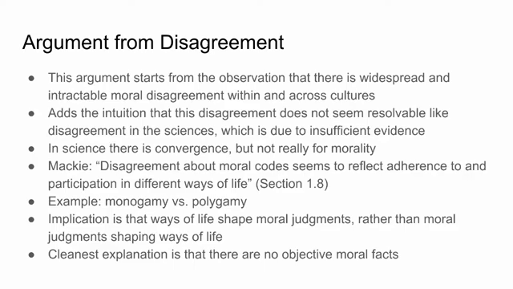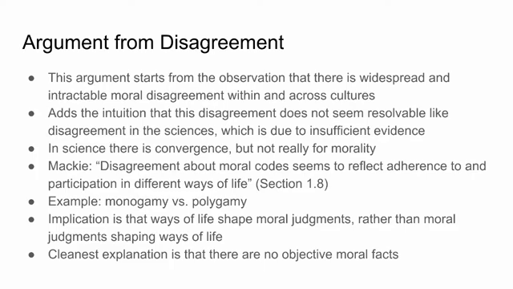And cultures don't really seem to do this at an aggregate level. Rather, it seems like people live in either monogamous or polygamous cultures, and from there wind up believing that monogamy or polygamy is morally permissible.